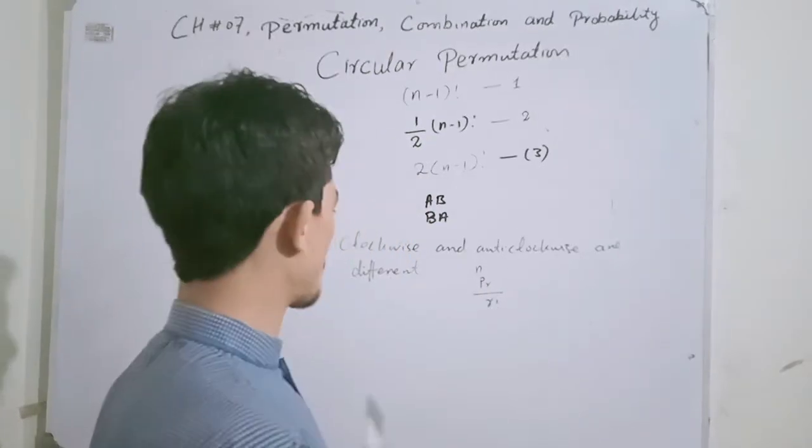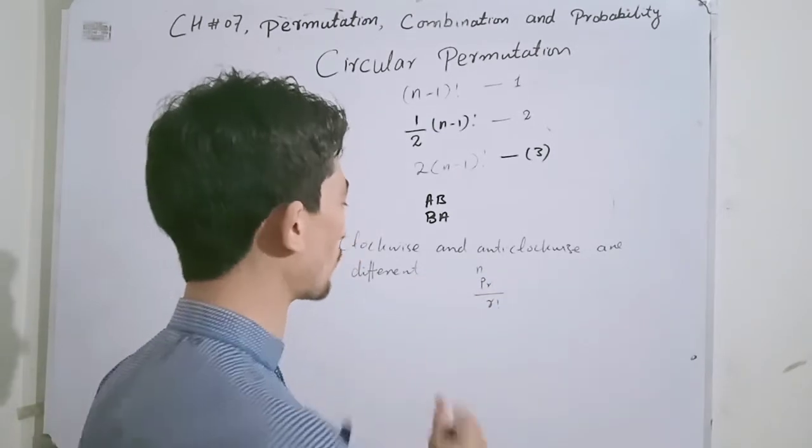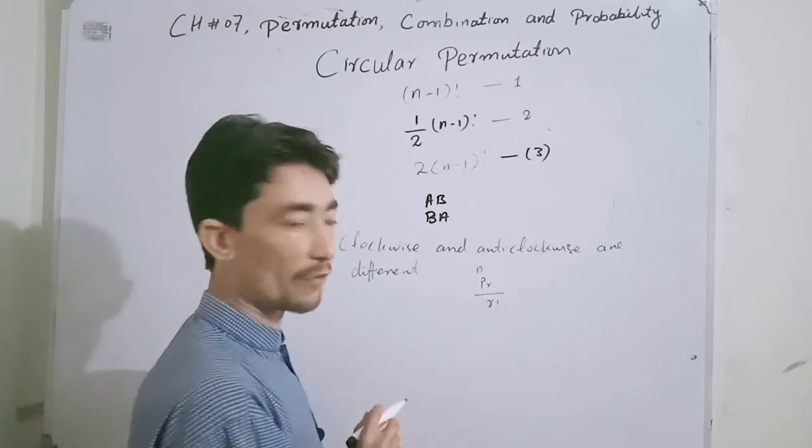Keep in mind, students, clockwise and anti-clockwise order are different, so the formula will be nPr divided by r factorial.